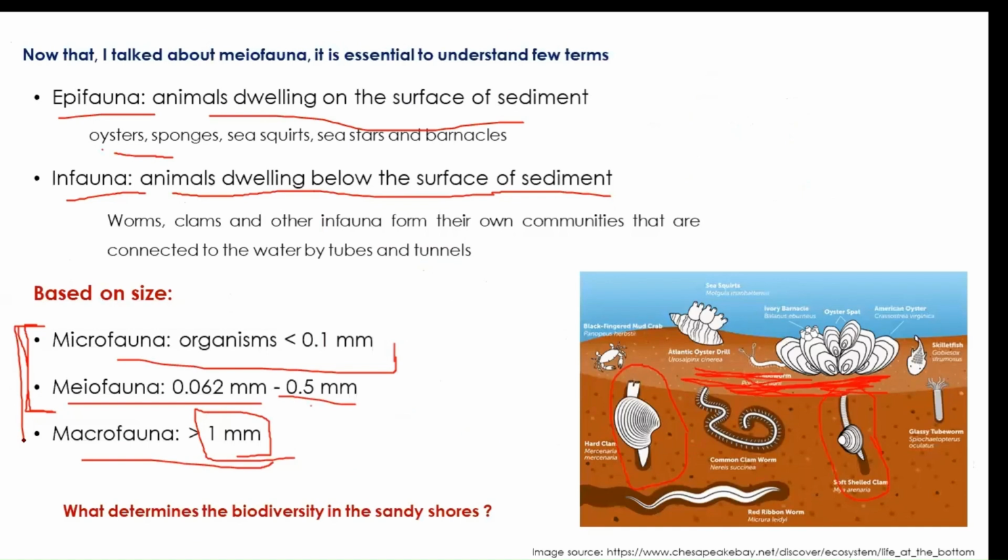So the question is, what determines the biodiversity in the sandy shore? Can the meiofauna or the macrofauna on the sandy shore be present across the world in the same distribution pattern, or will the species richness and species diversity vary, right?